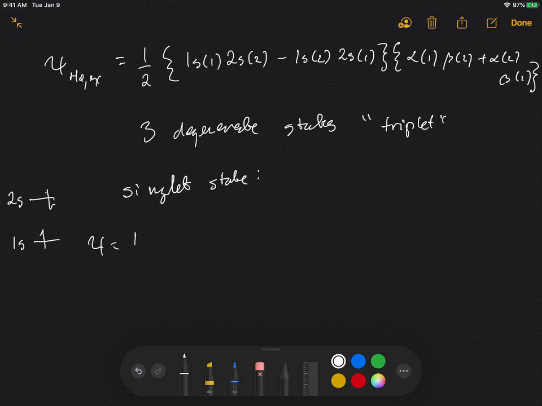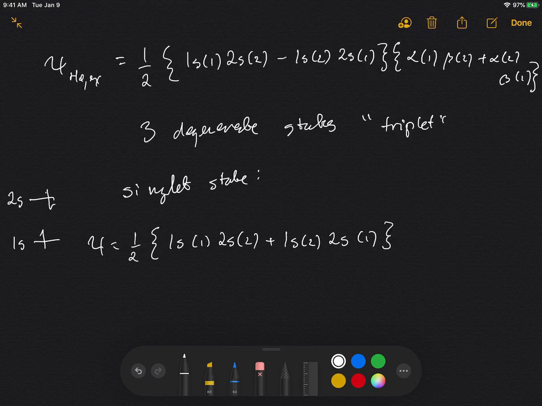Psi equals 1/2, 1s(1) 2s(2) plus 1s(2) 2s(1), and the spin part looks like alpha(1) beta(2) minus alpha(2) beta(1).